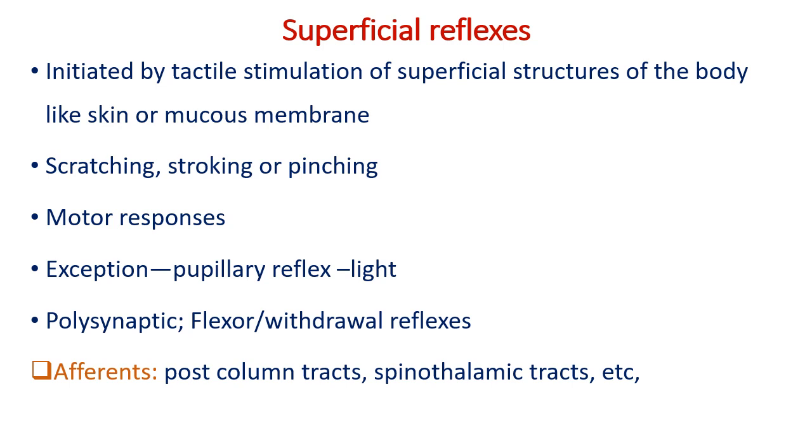Superficial reflexes studied in healthy adults are not exactly or purely withdrawal reflexes, but result from the activity of the spinal cord as guided and modified by the higher centers. As we can see here, the afferents come from the superficial receptors, travel in the dorsal horn and reach the spinal cord. The first or second order neurons travel in the posterior column tracts of Goll and Burdach and also in the spinothalamic tracts, and then reach the higher centers.